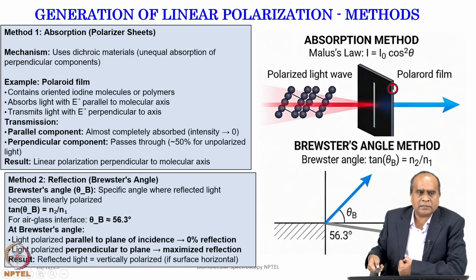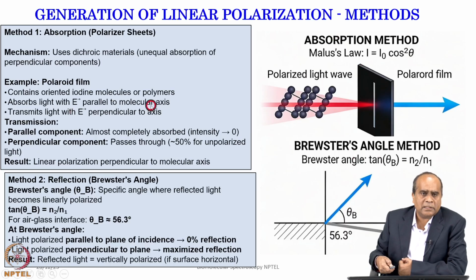We are putting polarizer sheets here, using a dichroic material. Dichroic means the two perpendicular components of light are differentially, or unequally, absorbed. If they are unequally absorbed, then the light goes in one direction.